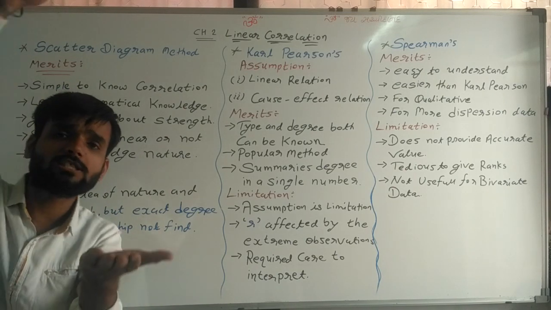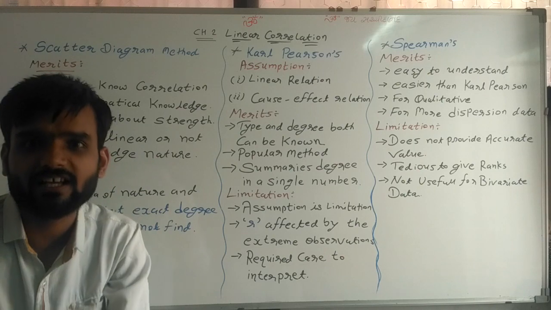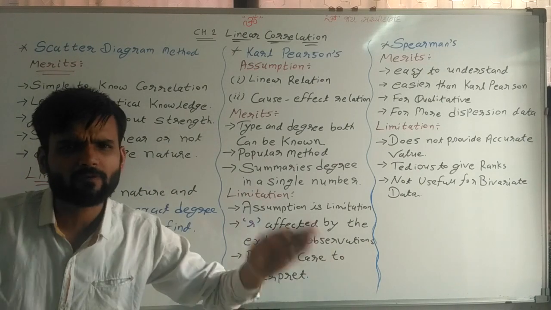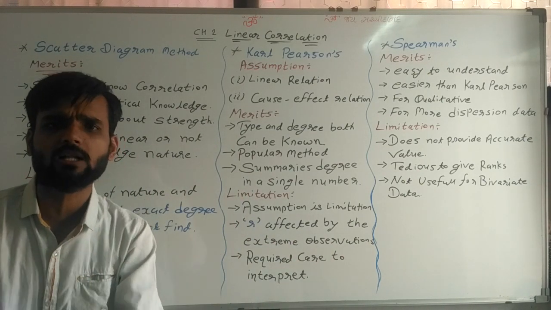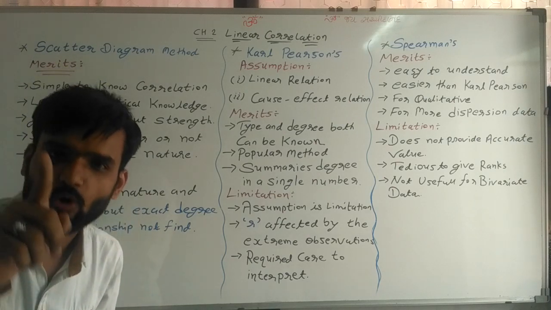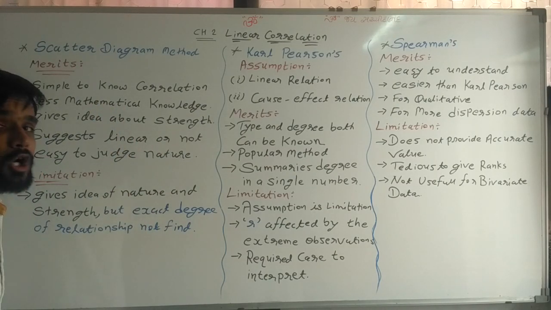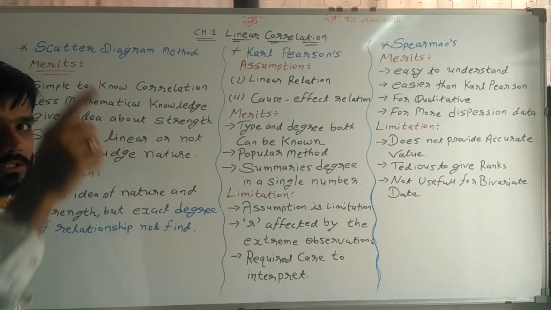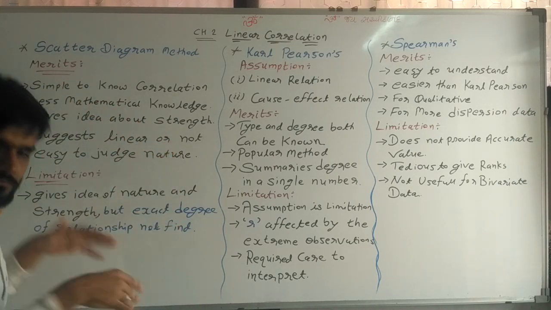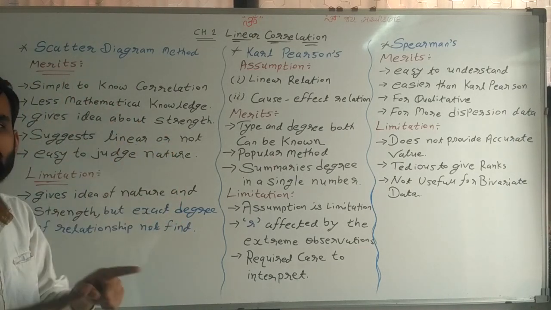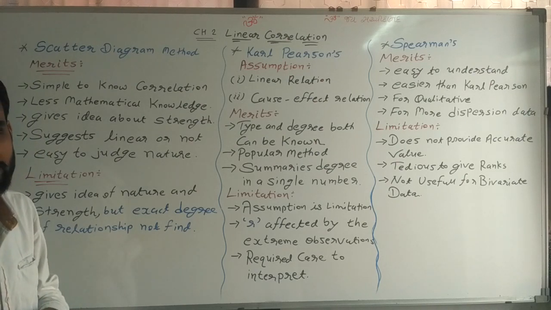If all the points are on one line, then there is a perfect relation between the two variables. That is possible only by graph. Only by seeing the graph can we easily understand the strength. The perfect value of strength cannot be found, but how much strength is there, that we can know by seeing the diagram.